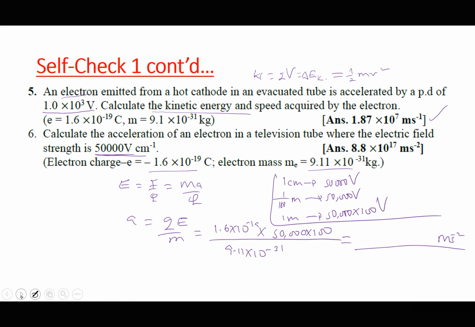Okay, let us also look at the motion of a charged particle which is now entering with an initial velocity perpendicular. We have seen previously that the particle has been moving along the field, either in the same direction as the field or in the opposite direction to the field.